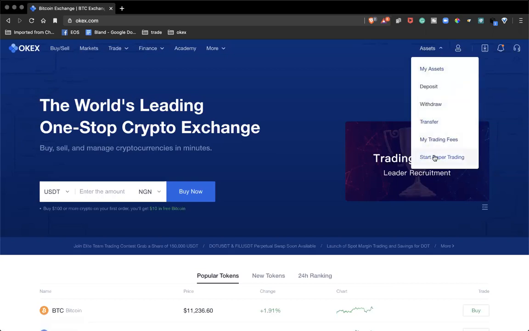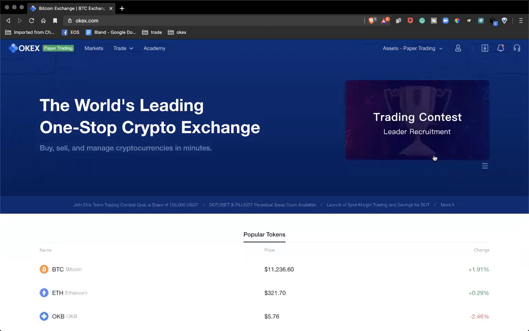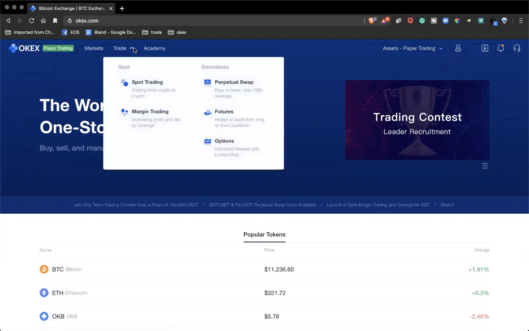You see start paper trading, click on it. I love OKEx paper trading because it's very organized. It gives you a certain amount of funds to trade in every market, and you can refresh the amount of funds that you're given.